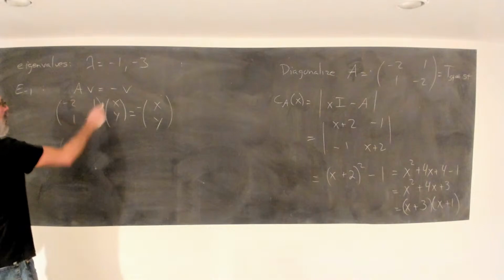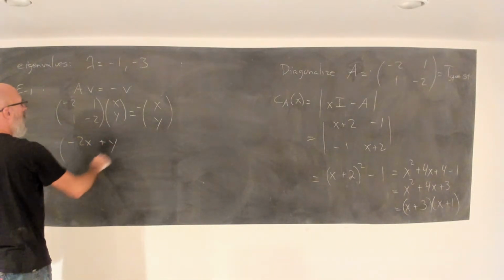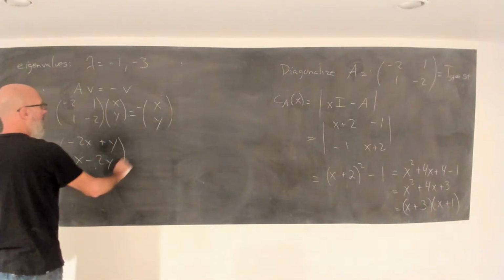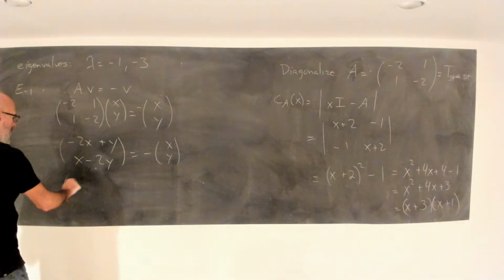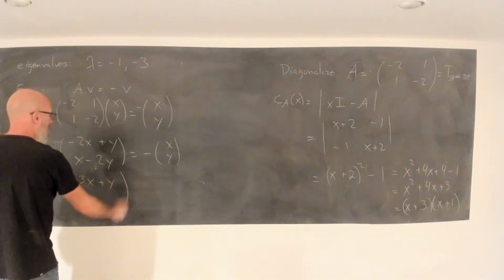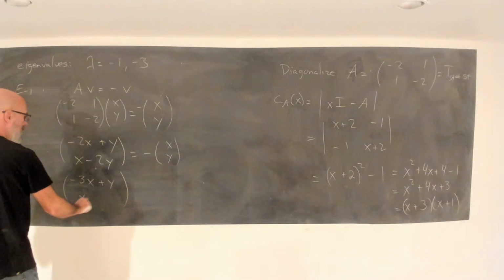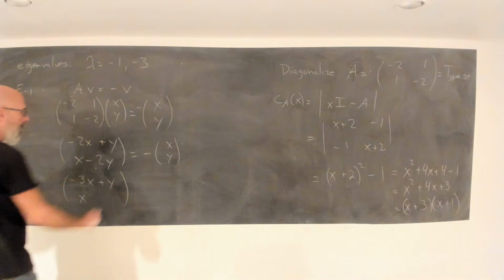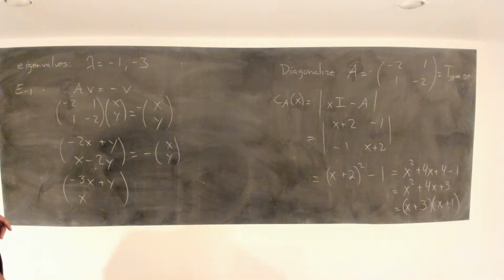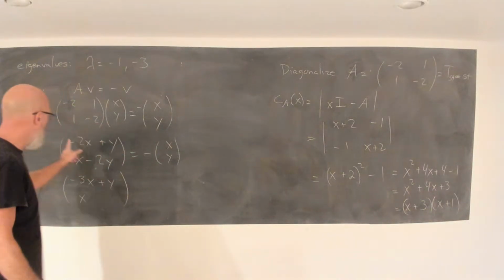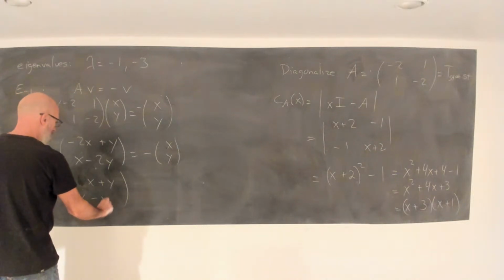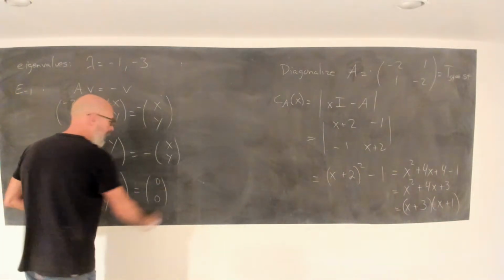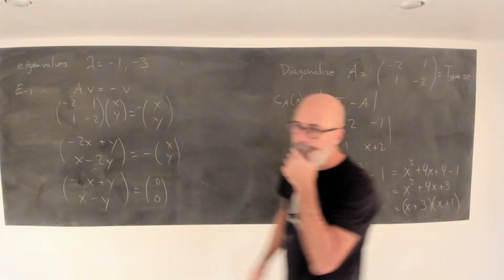So this is -2x plus y, x minus 2y equals -x, -y, or when you bring this to the other side, -3x plus y... Something is wrong. What have I done? The minus becomes a plus, so it's just -x, and this is x minus y. Thank you.